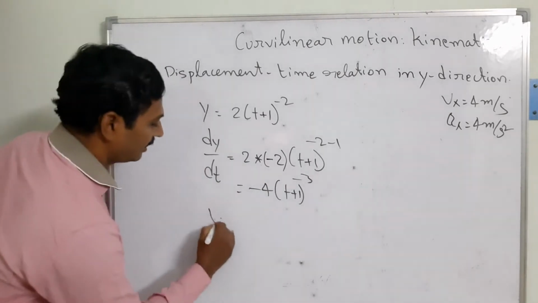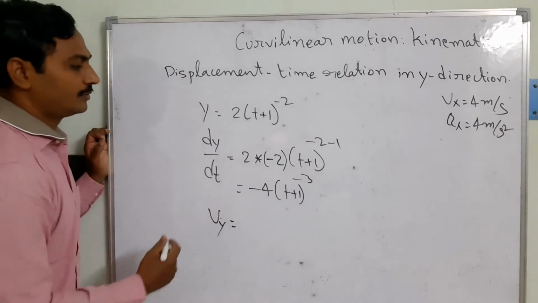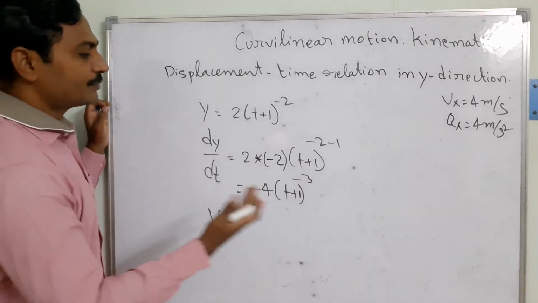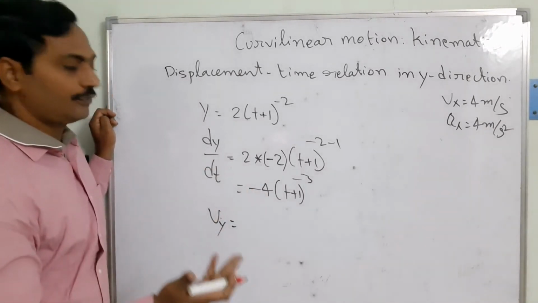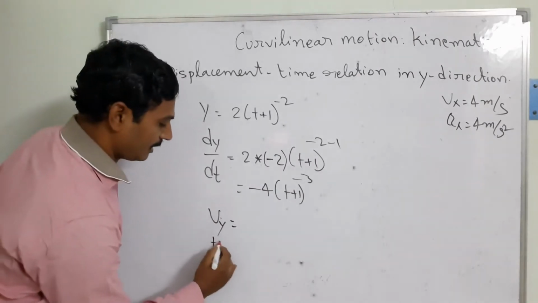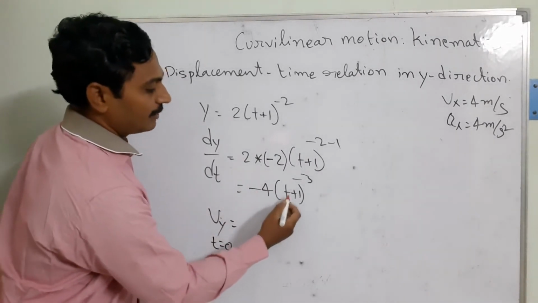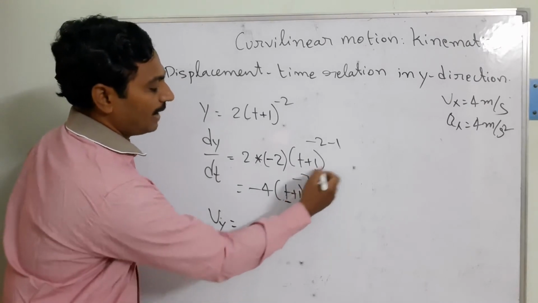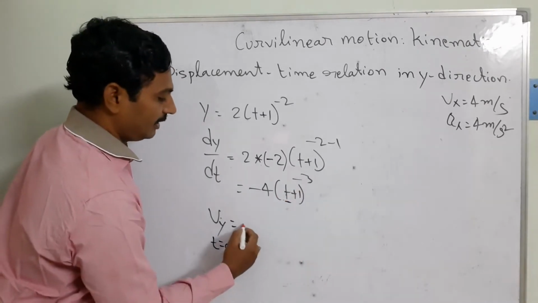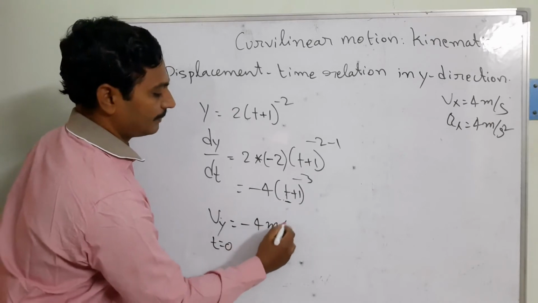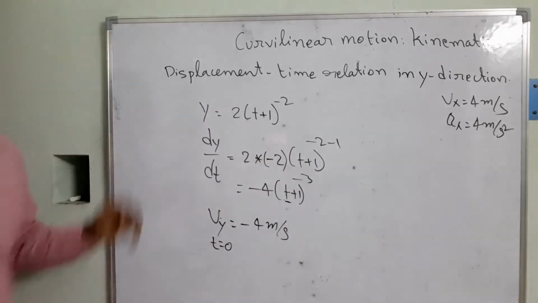What is the velocity? Vy is equal to, right? If I substitute the value t equal to 0, then t becomes 0, plus 1 to the power of minus 3, and finally we get minus 4 meters per second.